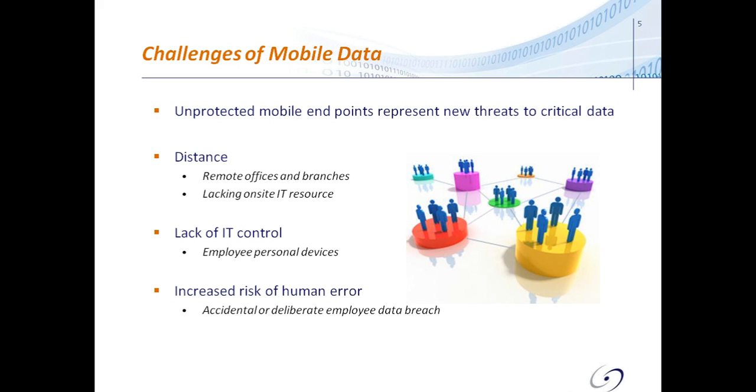And then lastly, of course, there's increased risk of human error. As it says here, it could be accidental, but it could be a deliberate breach. I have a story from years ago, being in this field for well over 15 years selling IT and storage.